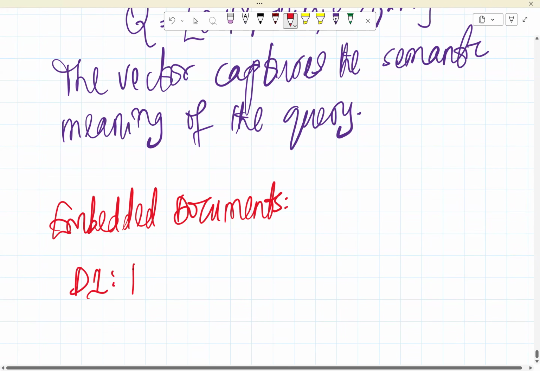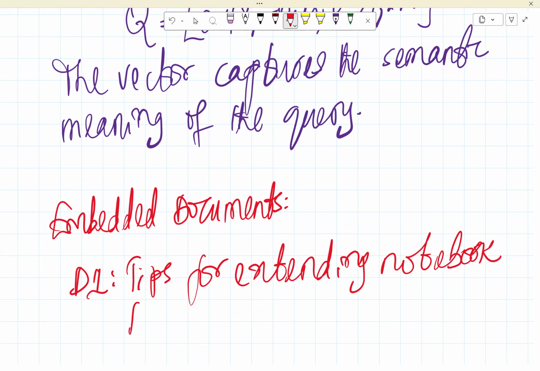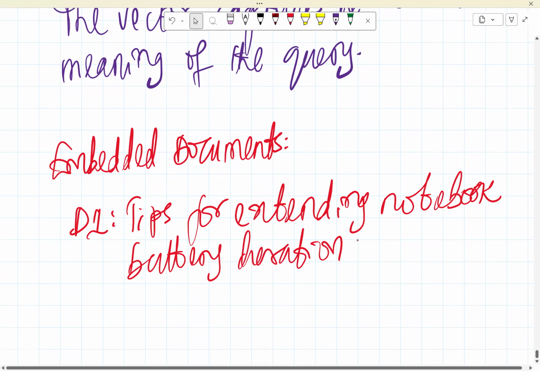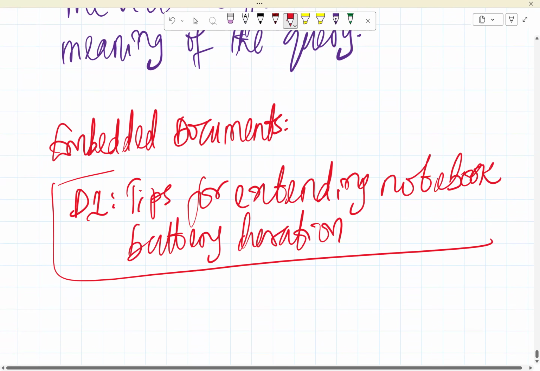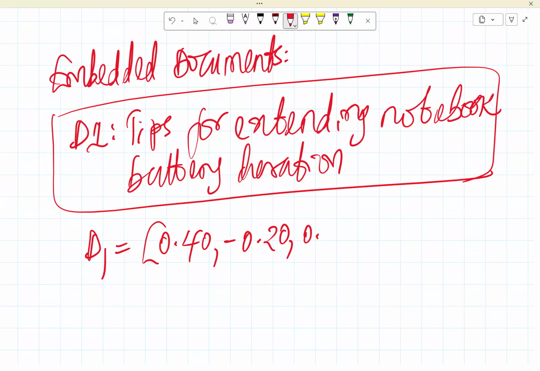The first document, D1, is "tips for extending notebook battery duration," and that is embedded as 0.40, minus 0.20, 0.89, and all the rest of them like that.